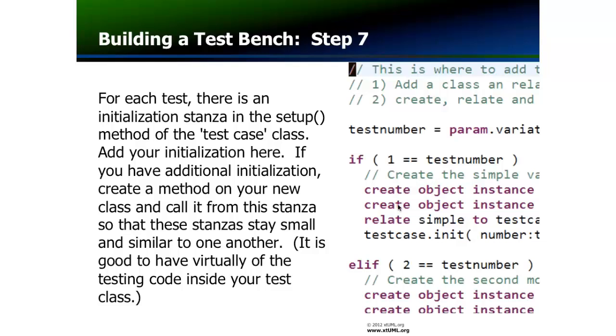So for the first two test cases, you probably won't need to do anything, but for test cases 3, 4, 5, and however many you have, you will need to create these stanzas in that setup operation in that test case class. And those are the steps that it takes to build your test bench. Next, we will fire up Bridgepoint and actually go through these steps.